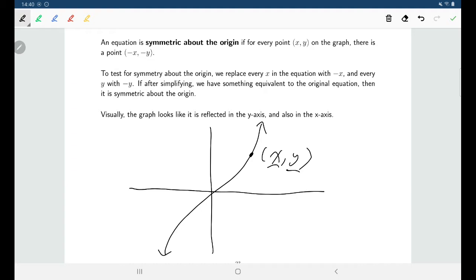In other words, you would have to have a point (negative x, negative y) also on the graph. So if we want to test for being symmetric about the origin, we'd have to check what happens when we replace every x with a negative x and also every y with a negative y. Do we get our same equation back? If so, good for us, it's symmetric about the origin, and if not, then it's not symmetric about the origin.